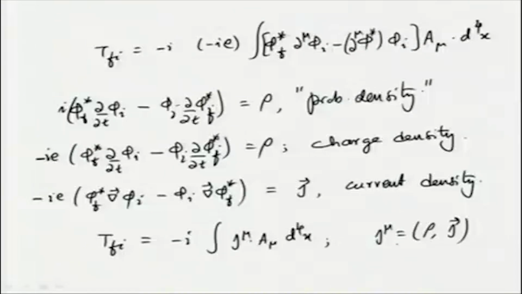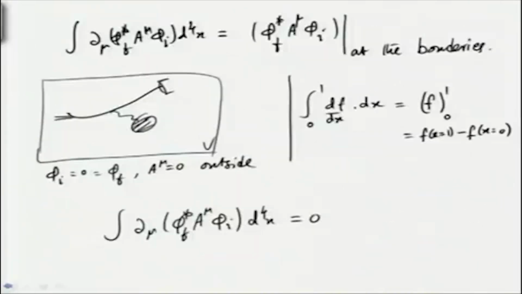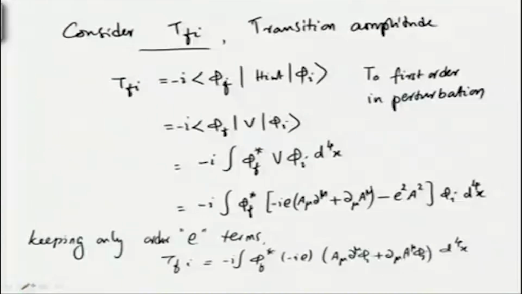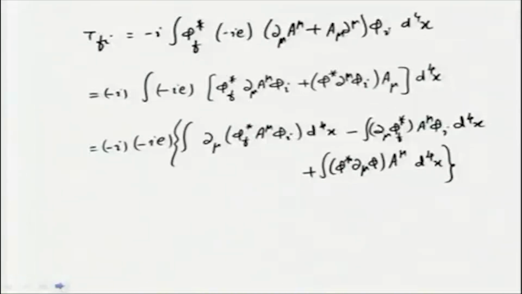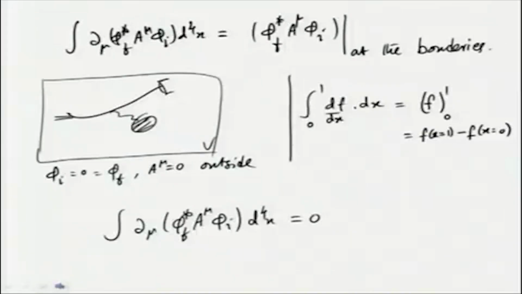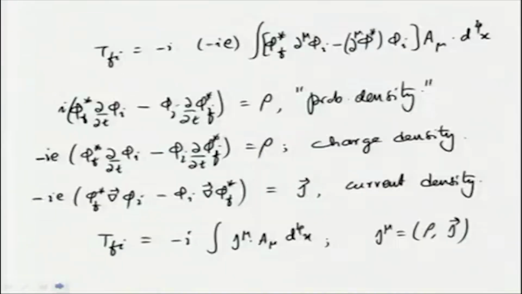So, what we have done is we had considered the interaction picture in which the transition amplitude can be written in the first order perturbation in this fashion, and by interpreting them in terms of charge density and current density, we could write T f i as an interaction of the electromagnetic field represented by A mu with the 4 vector current density j mu.